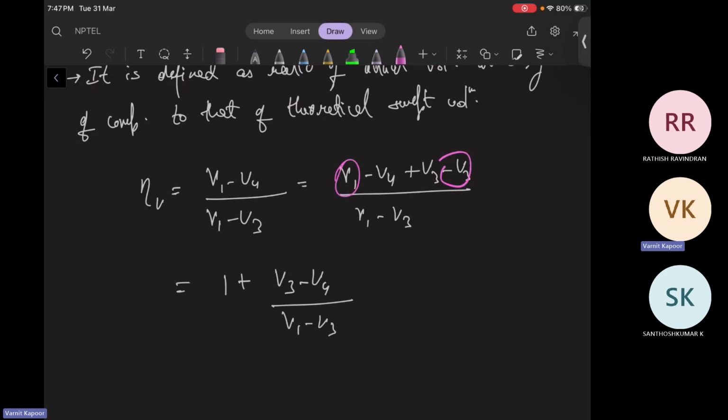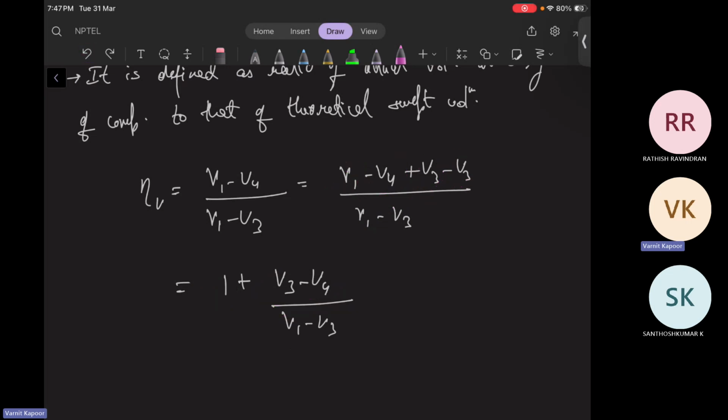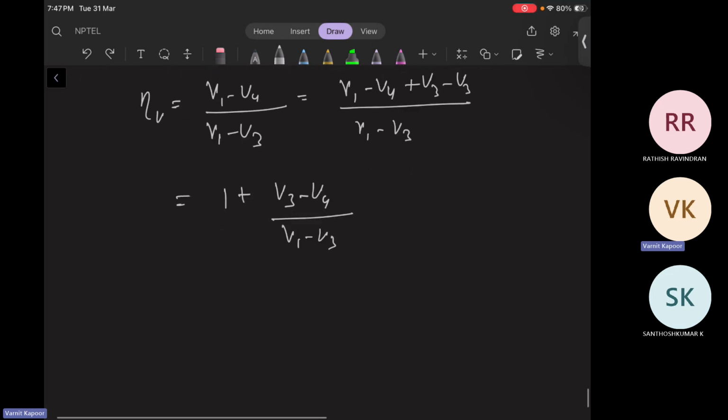V1 minus V3 we took together and it cancelled out from the denominator, so it becomes 1, plus V3 minus V4 by V1 minus V3. A simple mathematical manipulation, and we separate it as 1 plus V3 by (V1 minus V3) minus V4 by (V1 minus V3).